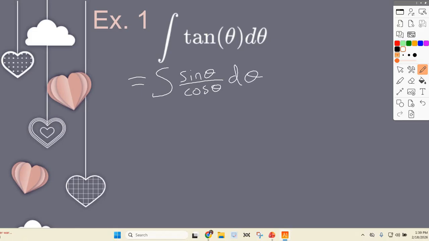And the other nice thing about sine and cosine is remember that they are also each other's derivatives. Again, if I have a fraction, my go-to is to want to put my u in the denominator if at all possible, which in this case we can because now du is going to be the negative sine of theta d theta.